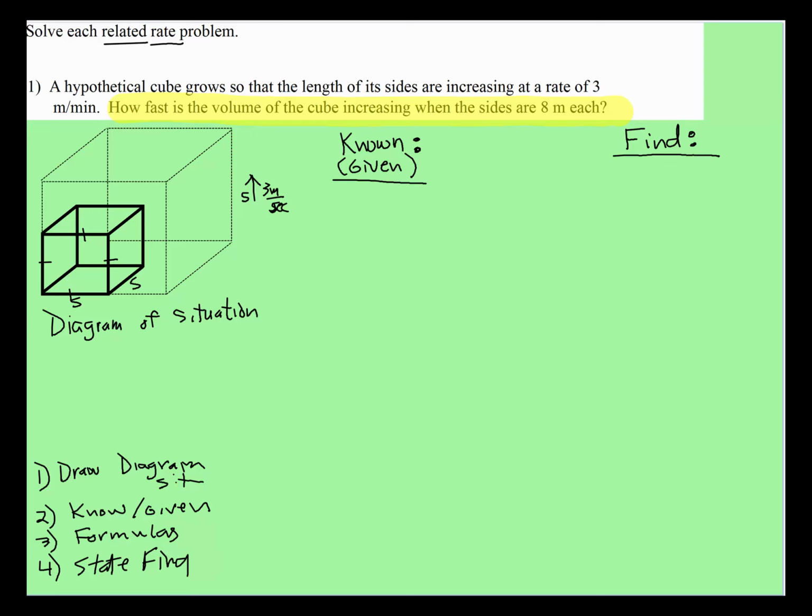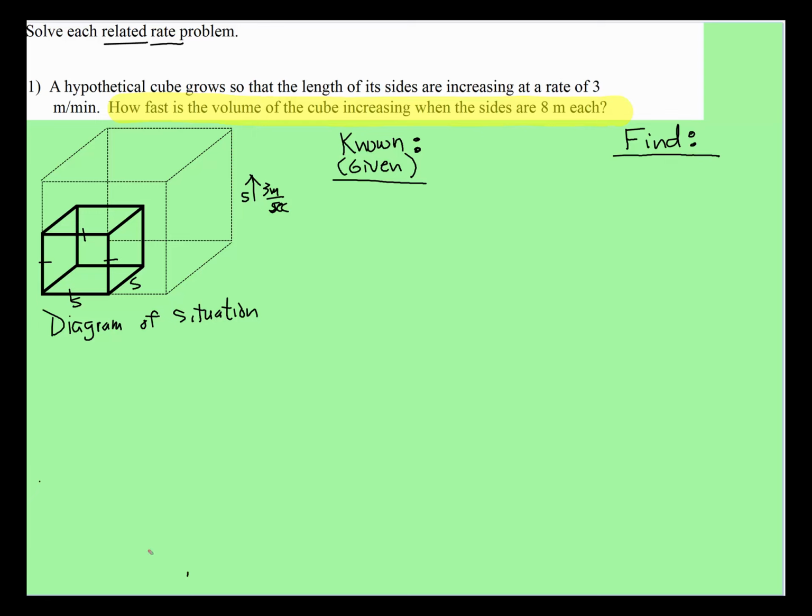All right, I'm going to erase that so I can give myself some room, and I went ahead and drew the diagram. A hypothetical cube grows so that the length of its sides is increasing at a rate of 3 meters per minute. How fast is the volume of the cube increasing when the sides are 8 meters?